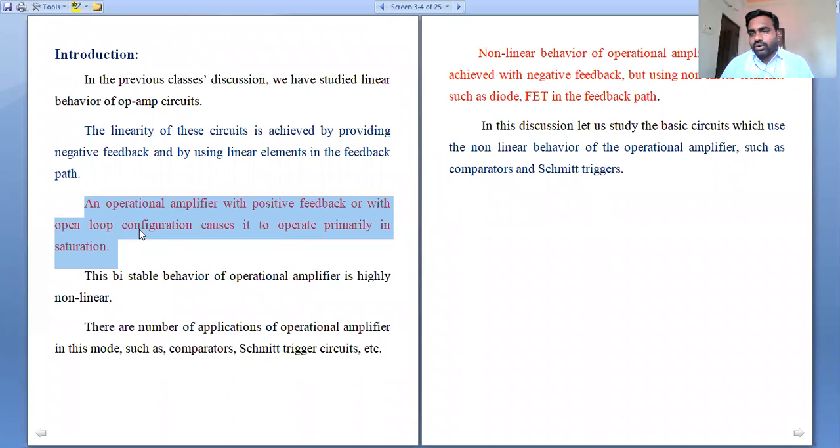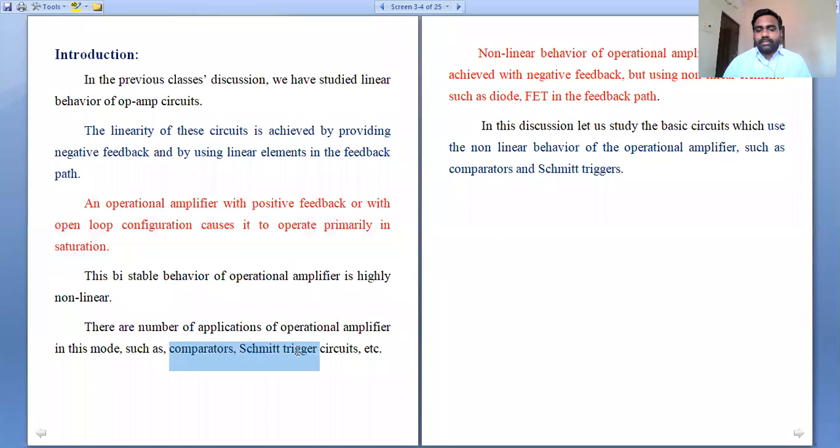The maximum gain can be explained with respect to nonlinear applications. Various applications exist, like comparators, Schmitt triggers, and zero crossing detectors. We discussed a practical comparator in the previous discussion, and next we will discuss the window comparator in today's class.